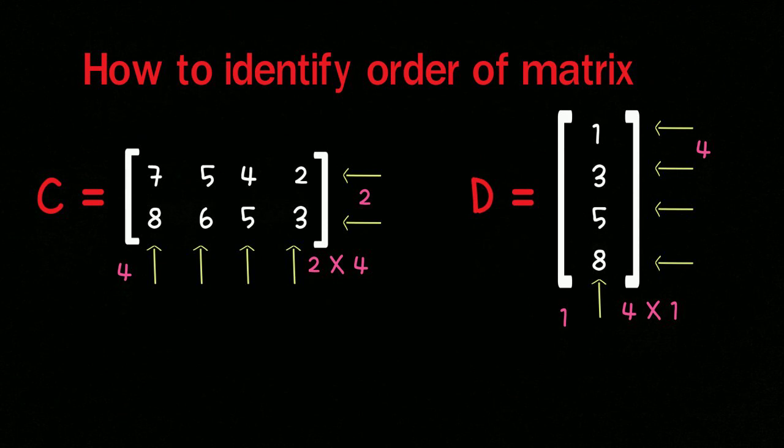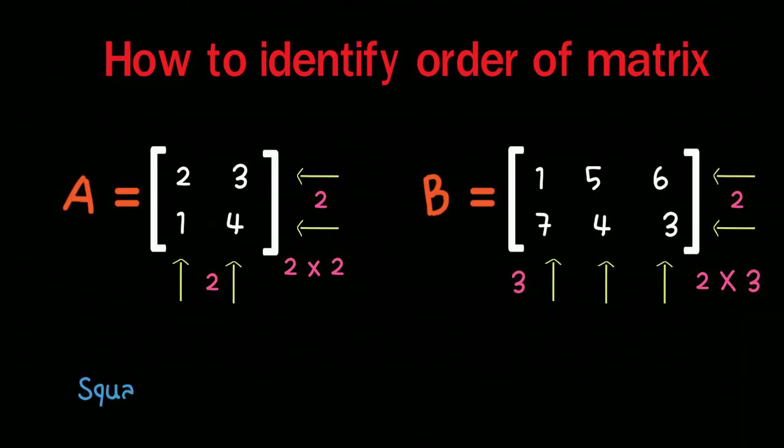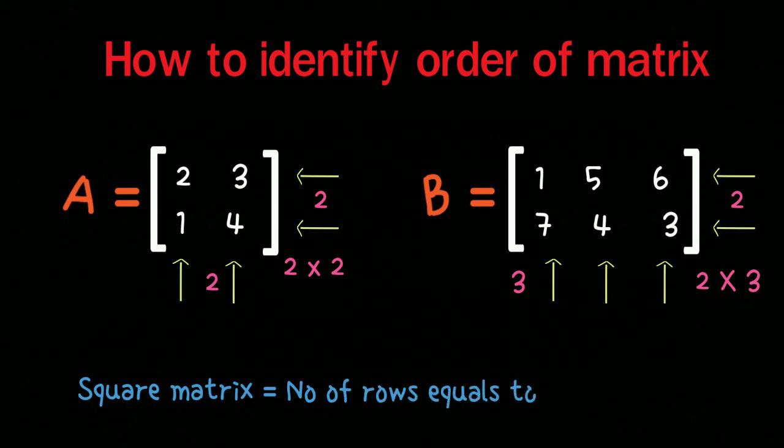Additionally, I will teach you what a square matrix is. A square matrix basically means that the number of rows is equal to the number of columns. In our examples, can you think of which matrix is a square matrix? I give you 2 seconds. Yes, matrix A is a square matrix.